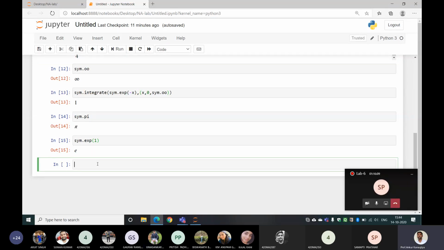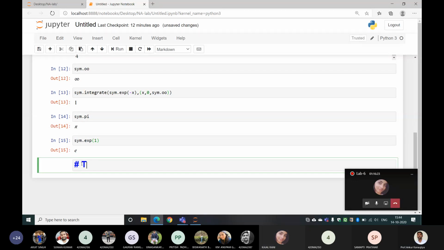So tell me which function you want to integrate. I will integrate that function by using trapezoidal rule. x square, okay.